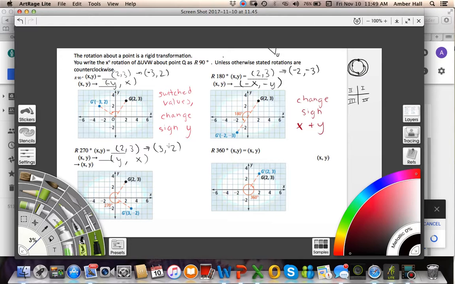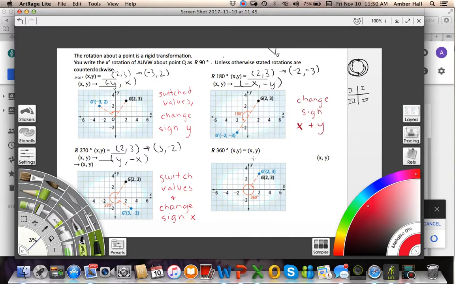Then I also changed the sign of my x. So my rule is y, x changes into y, negative x. And what are we doing? We are switching the values and changing the sign of x. Okay, so these are our 3 different rules.